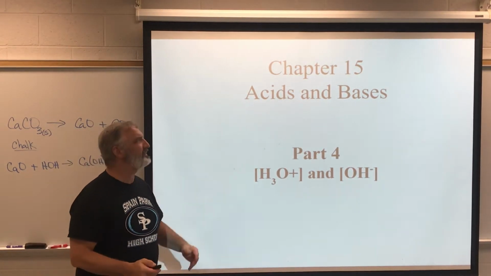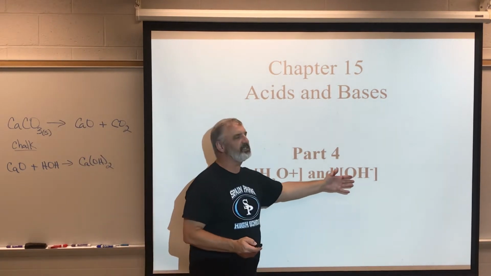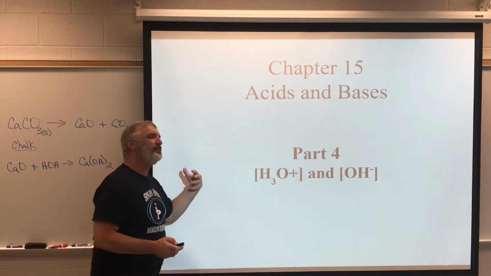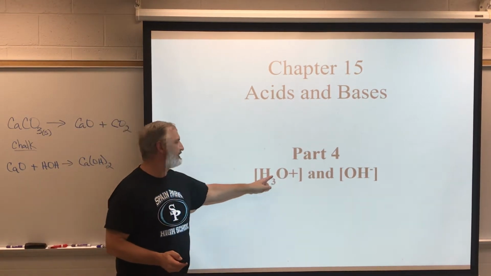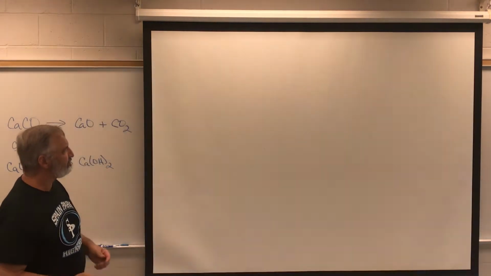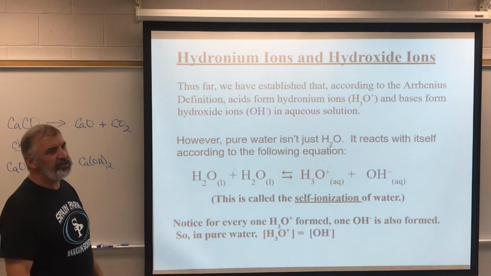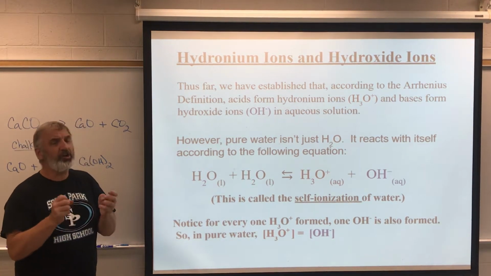So we're going to break this up into 2 parts with the math. We're just going to talk about calculating H3O plus and OH minus first, because before we can get to pH, we have to be able to do this, because pH is based upon the H3O plus and the OH minus concentrations. So really all pH problems just deal with the Arrhenius definition.